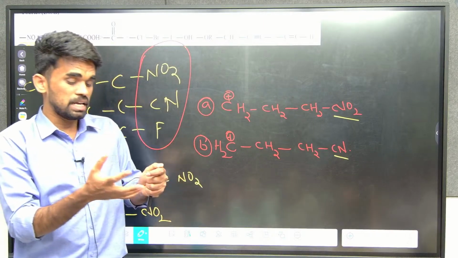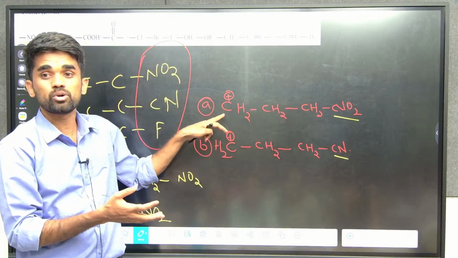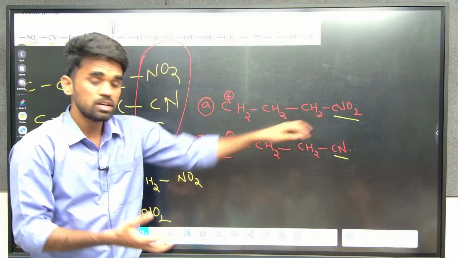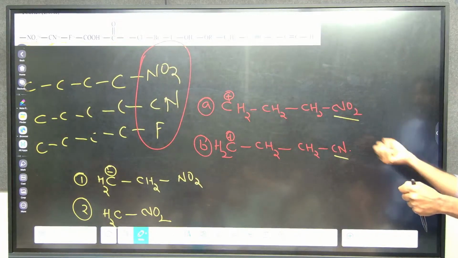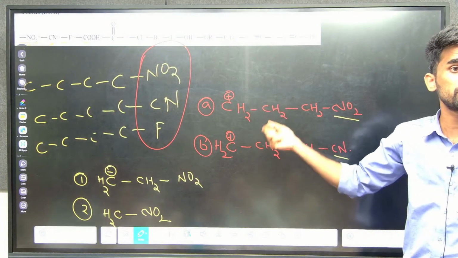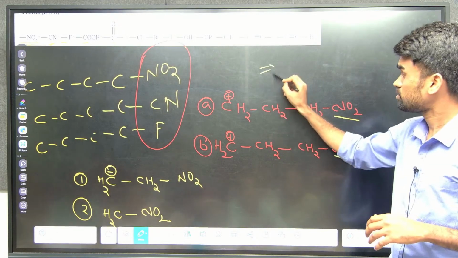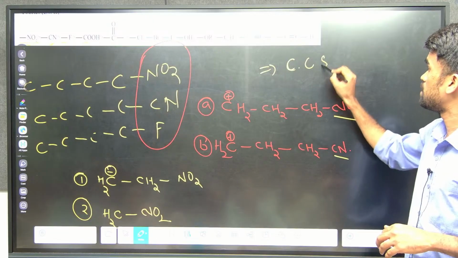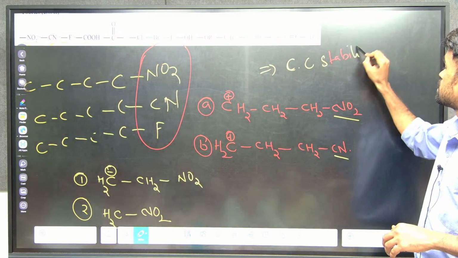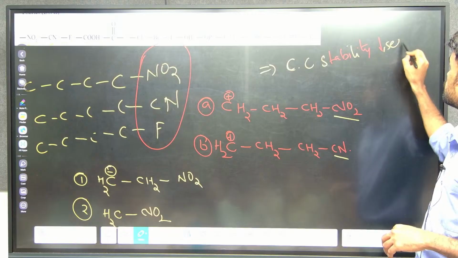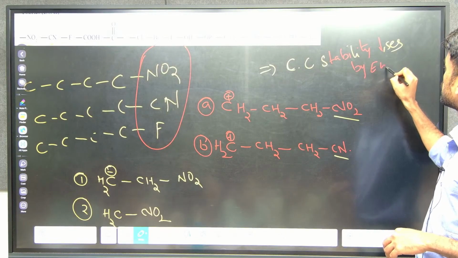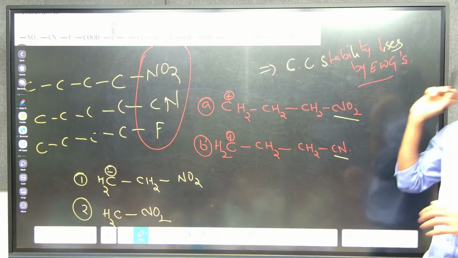If a releasing group is there, that will stabilize the carbocation. But here we have withdrawing groups, so they will further withdraw electrons from the carbocation. What happens to its stability? It decreases. So I can say carbocation stability decreases by electron withdrawing groups. Can I say like this?